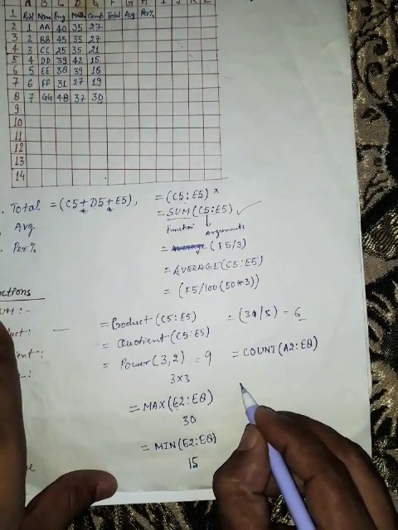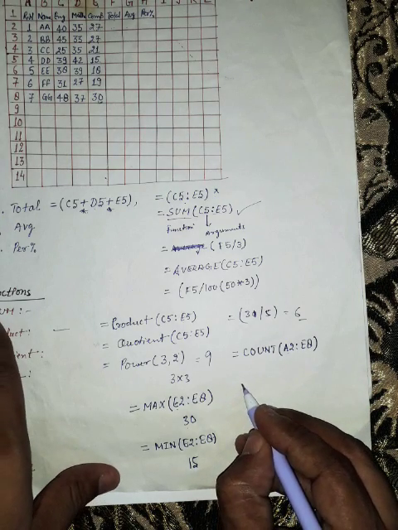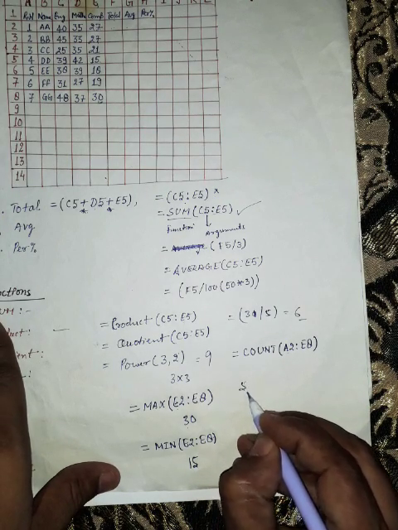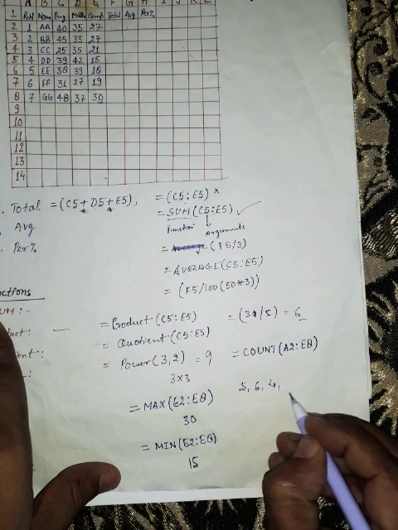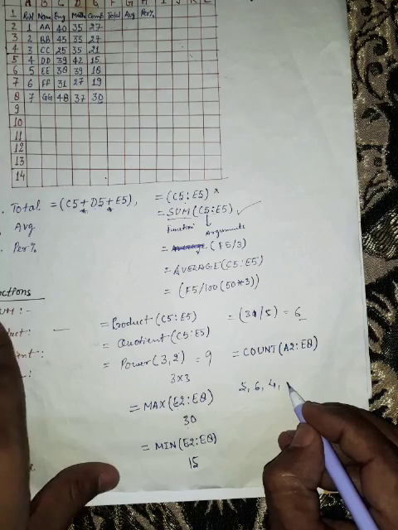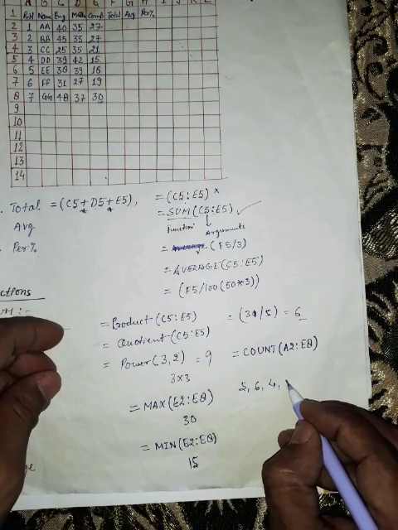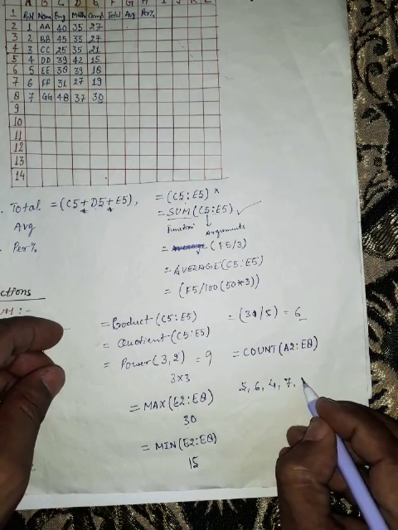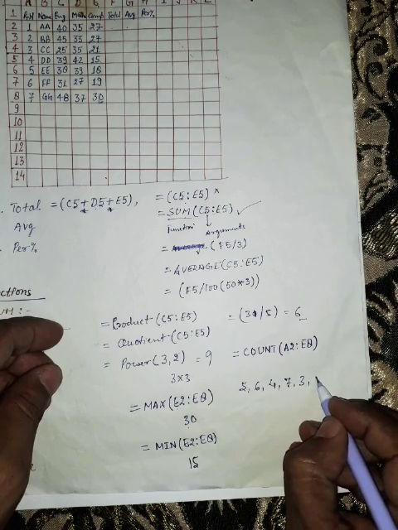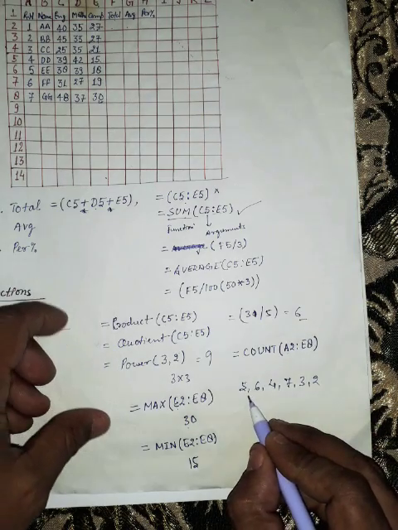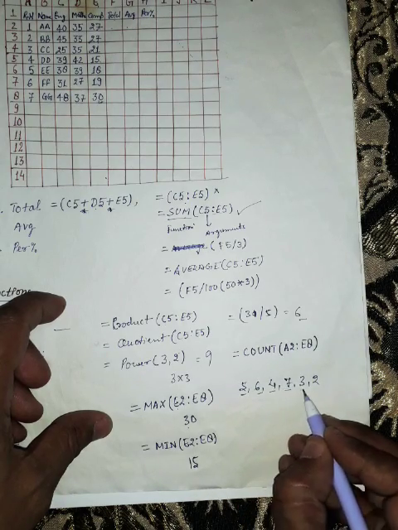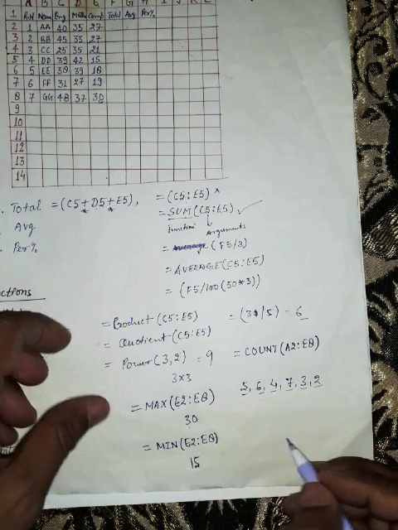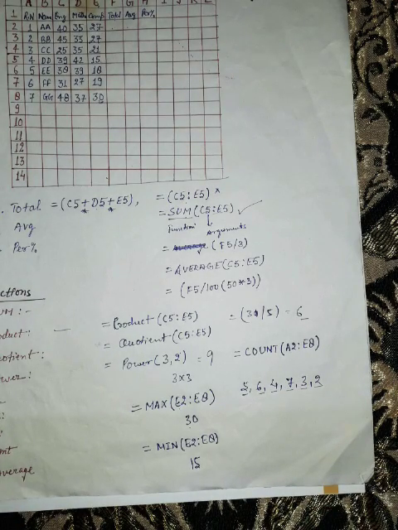Suppose from Monday you started to run 5 kilometer, then the second day 6 kilometer, the third day 4 kilometer, then the fourth day 7 kilometer, 3 kilometer, 2 kilometer. So you have run every day, one by one. Suppose you want to calculate the average at the end of the week.